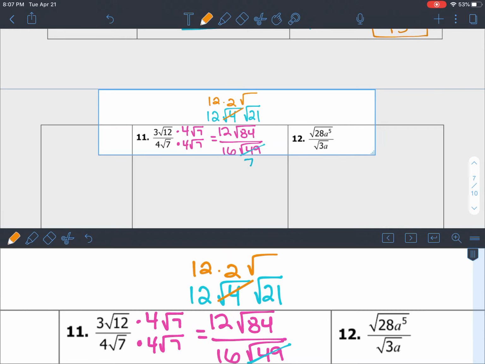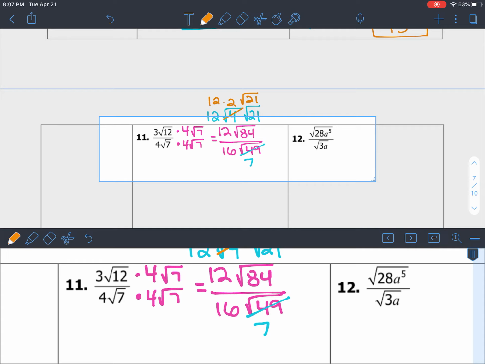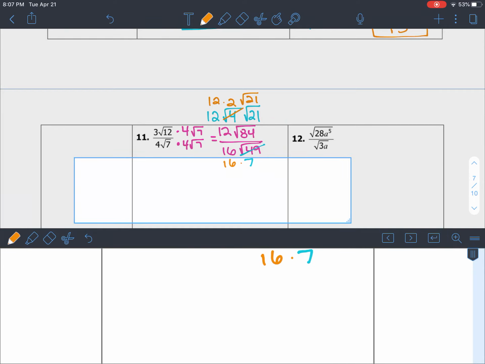So I really have 12 times 2, the square root of 21 on top, and I have 16 times 7 on the bottom. So if I do that math, I have 24 the square root of 21 over 16 times 7. 16 times 7 is 112.